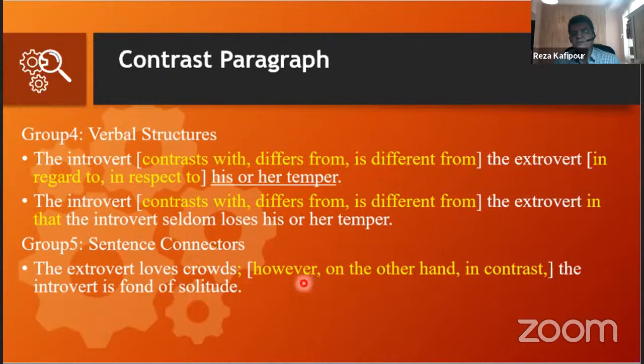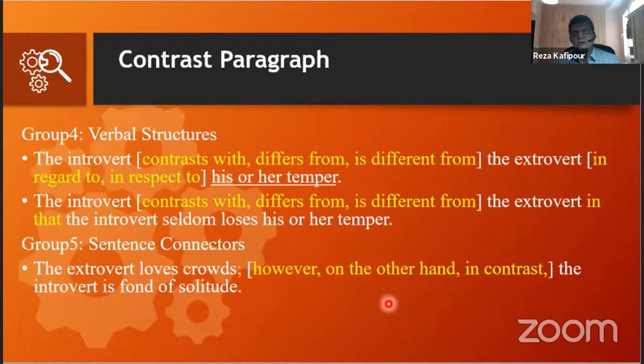So there is no difference between the sentence connectors here. You may use however, on the other hand, or in contrast. Just pay attention to punctuation: before, semicolon; after, comma. But if you finish the first sentence with a full stop instead of a semicolon, we may have "However," with a capital H, comma, then the second sentence.